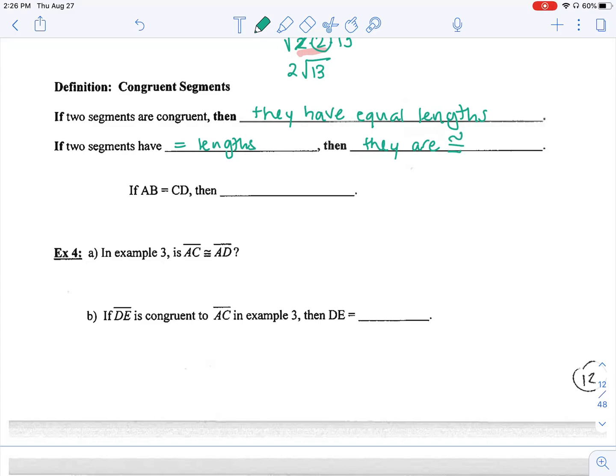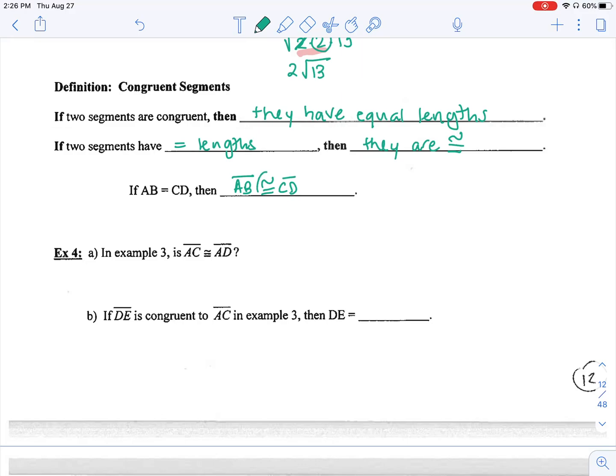So for example, without the marker on top of a segment, the segment notation, we would say the lengths of the segments are equal to each other. So the length of AB is equal to the length of CD. Then our conclusion is that segment AB is congruent to segment CD.